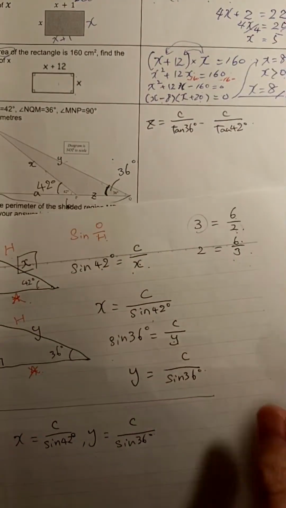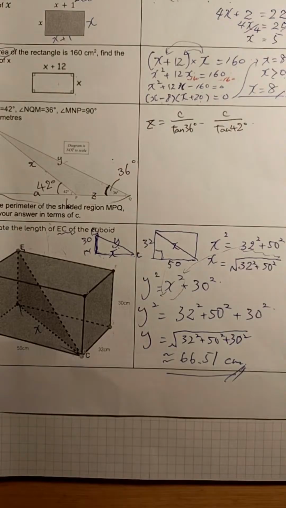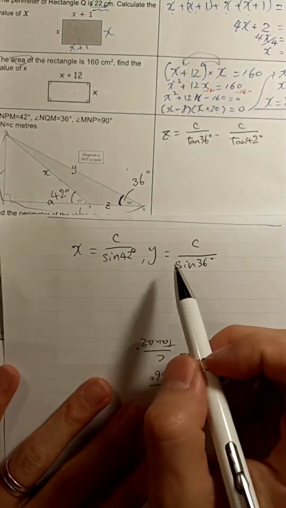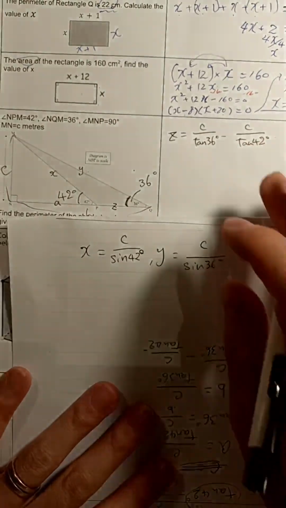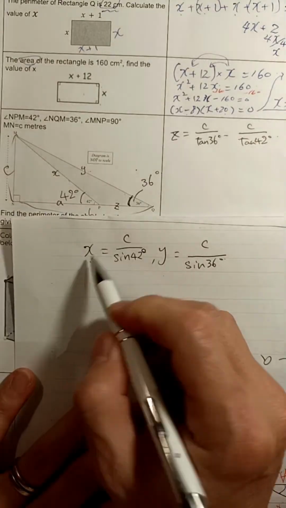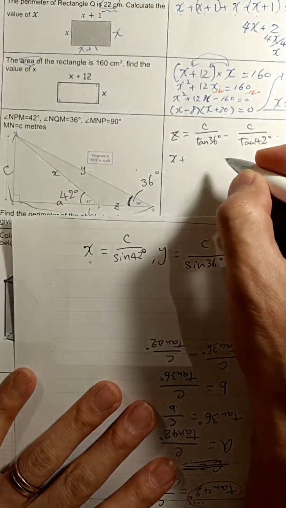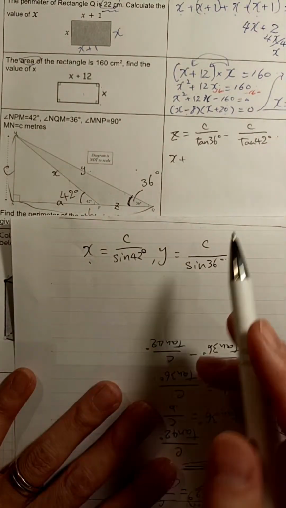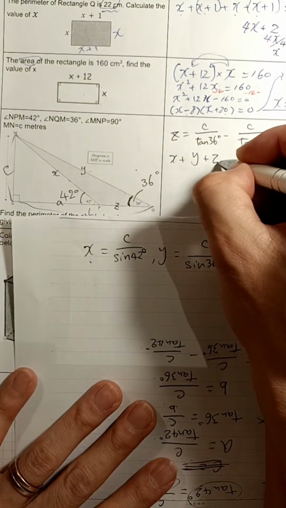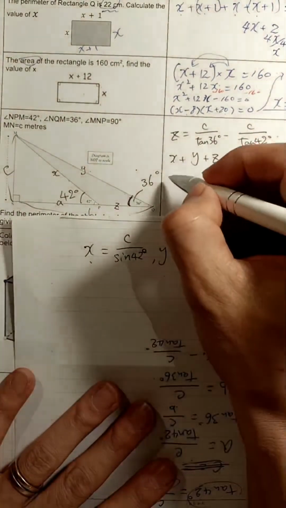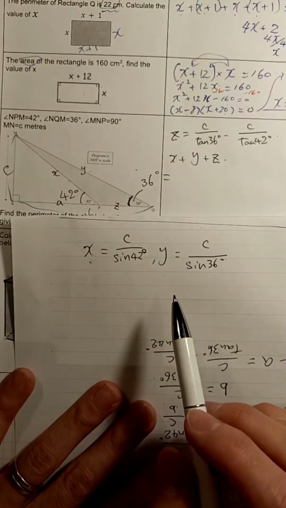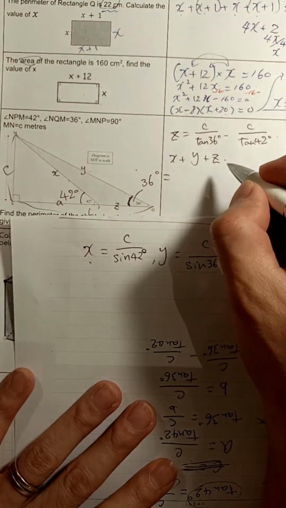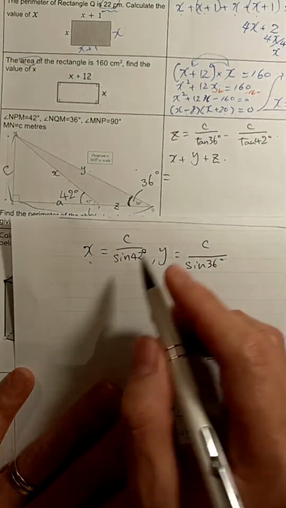Then, okay, X and Y as this much, right? So all you have to do is X plus Y plus Z, isn't it? Right, so X is, what was it?